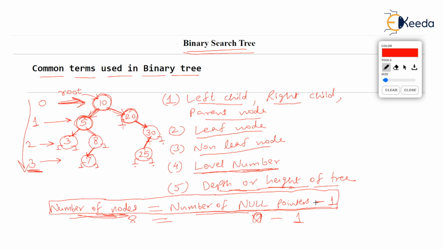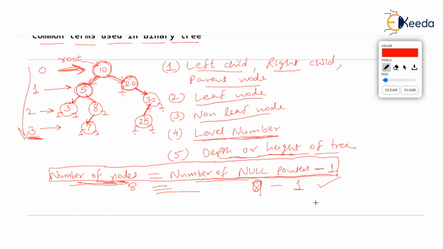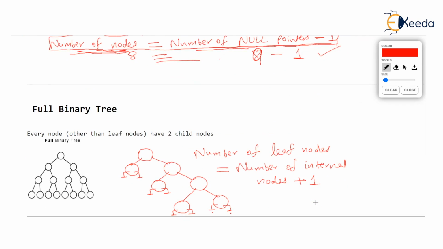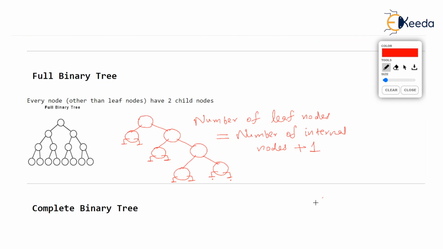Remember this. Let's come to some more definitions. There is a type of binary tree which is known as a full binary tree. Very interesting. Now you see, what's the definition? Every node other than leaf nodes has two child nodes, exactly two child nodes. So if you have a node and it is not a leaf, then it must have two children.